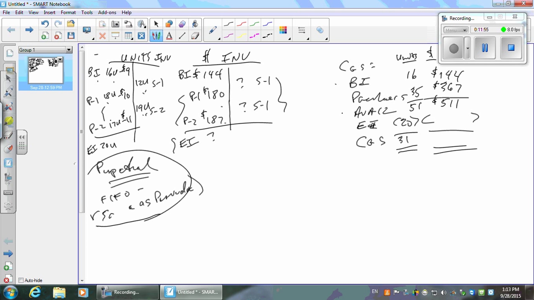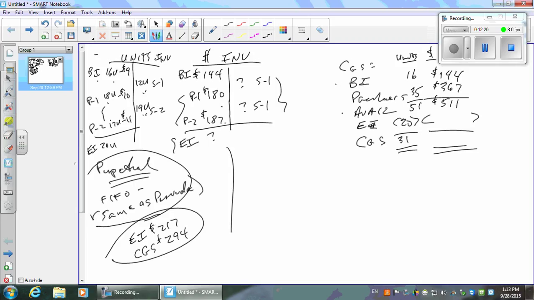All right, same as periodic. Okay, so what do we got? What was the ending inventory? 20 units that cost what? What was the value we put on it? Cost of goods sold was $294 and the ending inventory $217. That's it. Okay? So we just copied the same answer.